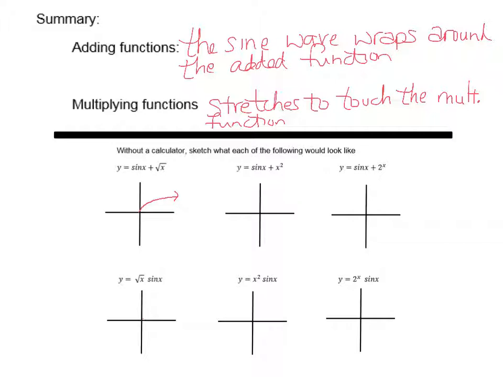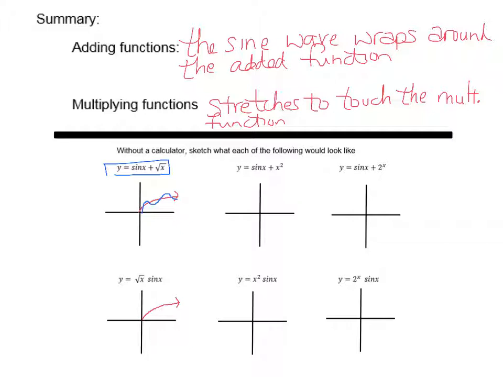If I'm going to add it, and if I'm actually going to graph this equation right here, my sine graph will start wrapping around that. Now, it totally depends on how much you zoom in or zoom out, how much of that wrapping you really can see.